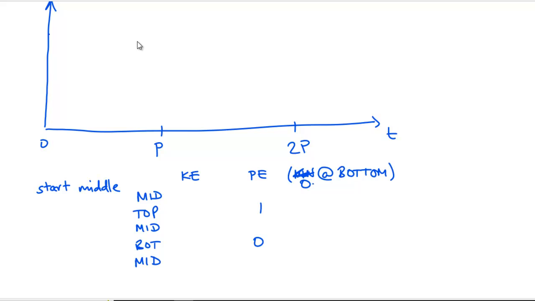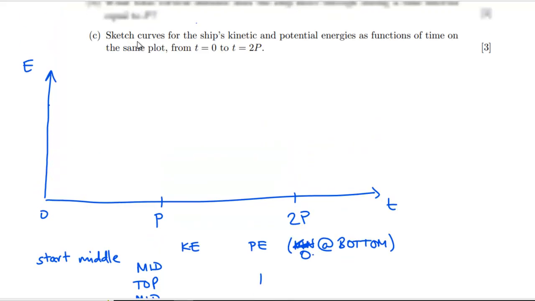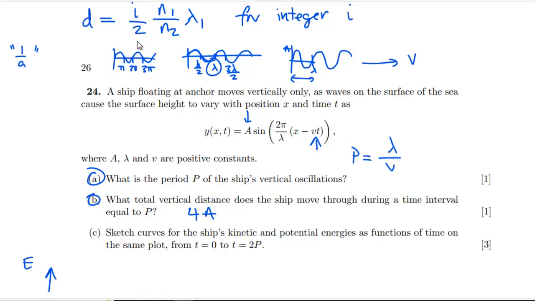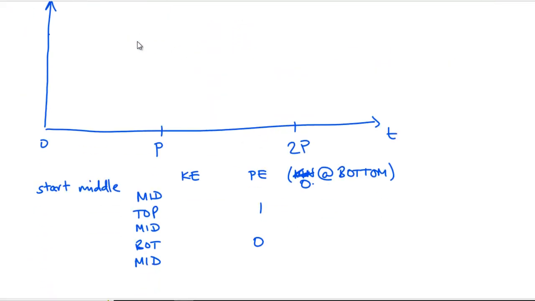Because there's so much we don't know about this, we won't be able to directly compare the kinetic energy and the potential energies. We don't know the mass, we don't know how quickly this thing is going up and down. It's going to vary a lot. If you've got a very slow wave, then you're not going to get that much kinetic energy, but you're still going through a big range in potential energy if it's got a high amplitude. So we don't really know which one's going to be larger here.